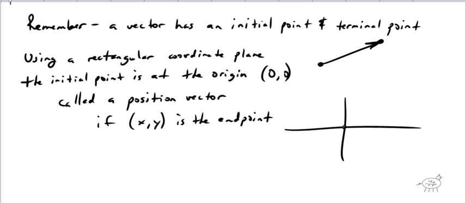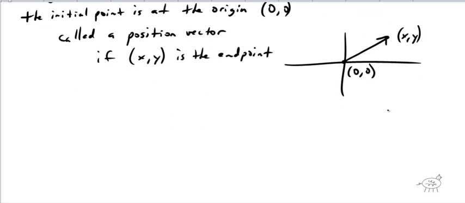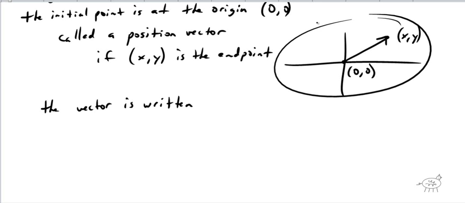Again, this is 0, 0. That's your initial point, and x, y is going to be your endpoint. That's going to produce your vector. Pretty simple. The vector is written with a special notation, vector brackets, x comma y.